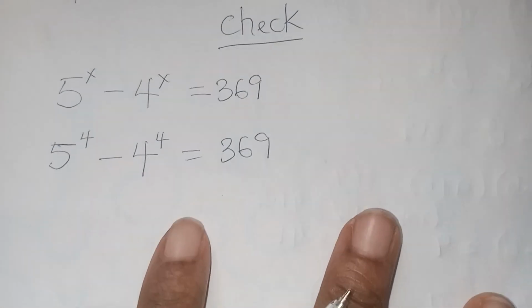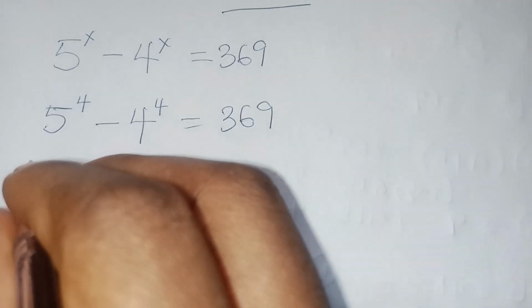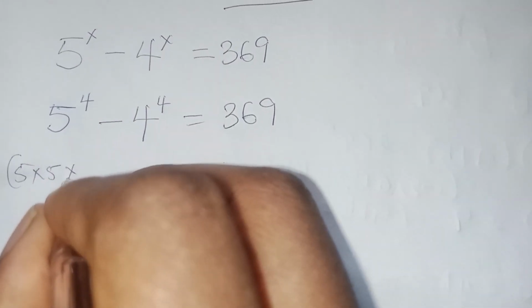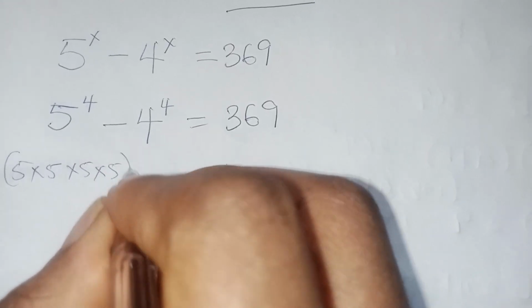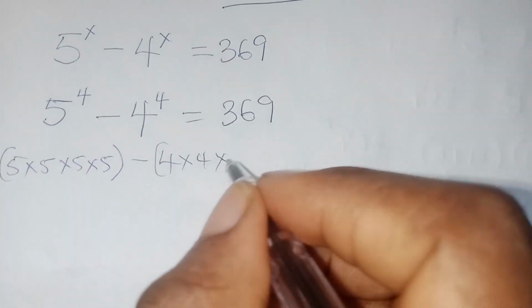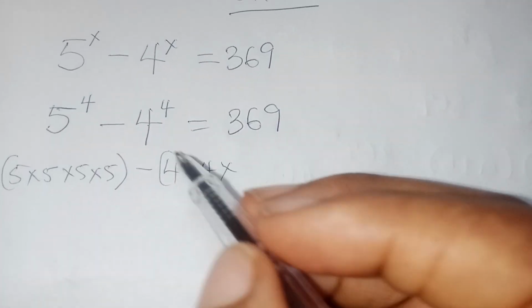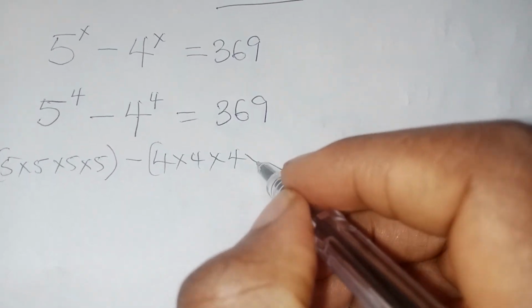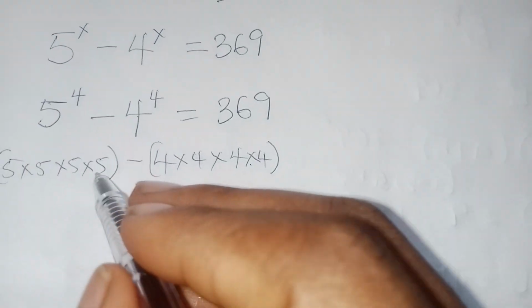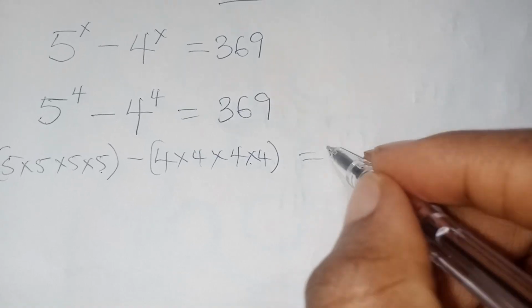This gives us 5 times 5 times 5 times 5, in 4 places. Same thing for this other one. So don't make the mistake of saying 4 times 4 is 16. You spread them out in 4s, 5 in 4s, okay, before you multiply.